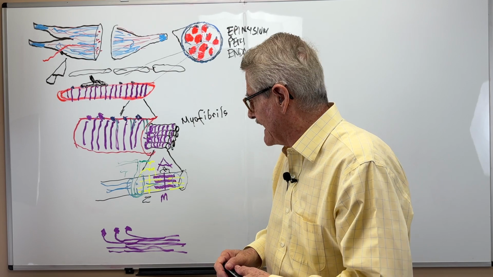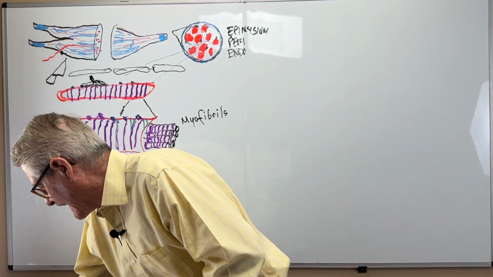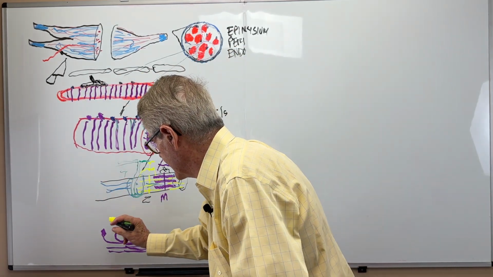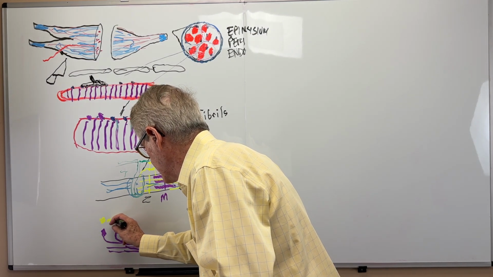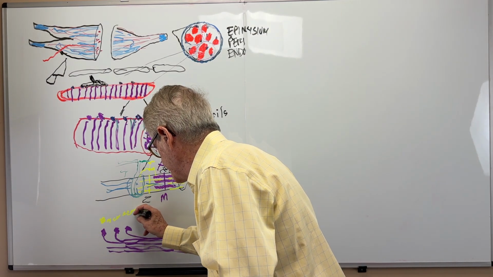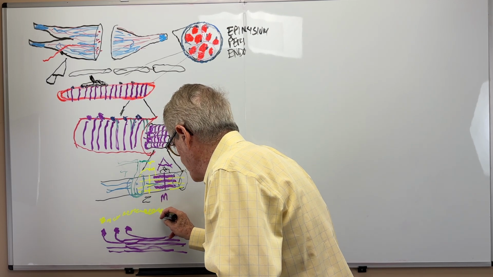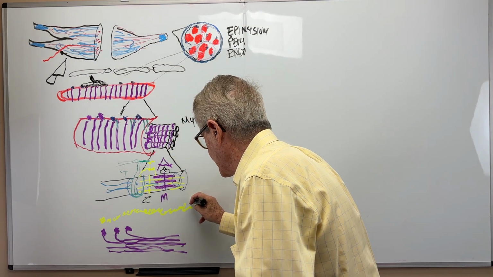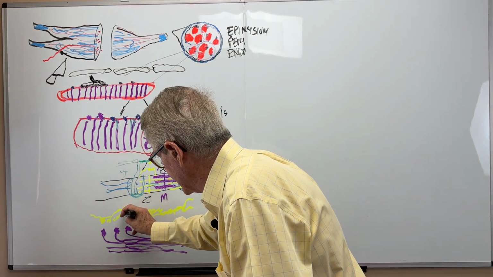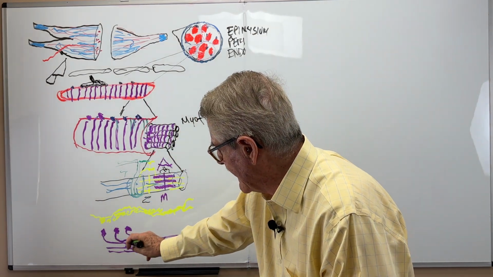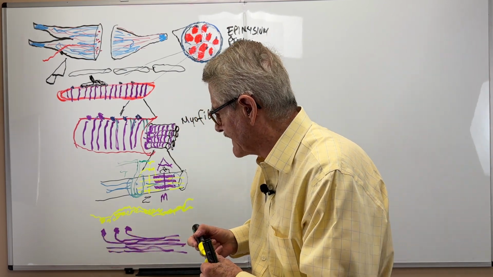Now, what about the actin? We said that the actin is here, and it is like little beads. I'm going to try to be simple. It almost forms like two chains of beads that are meant to be in contact with the myosin.